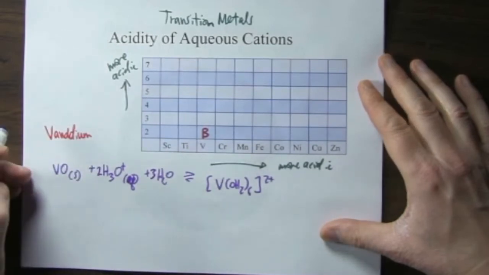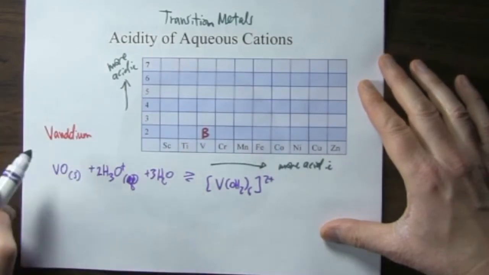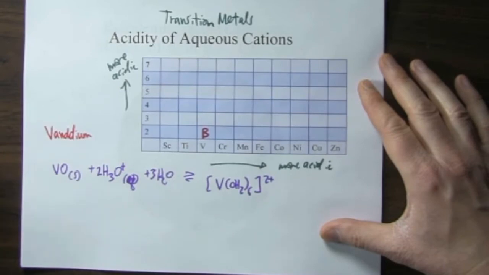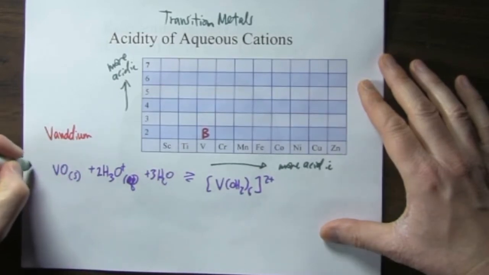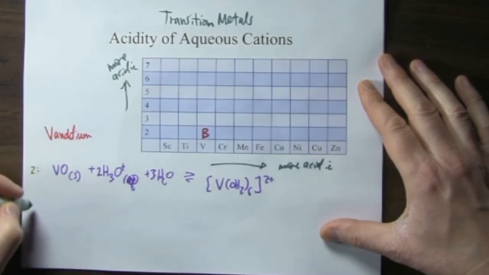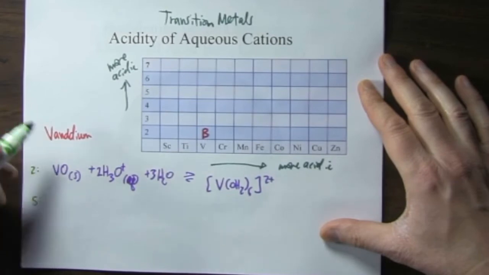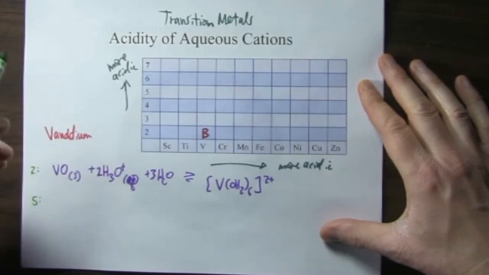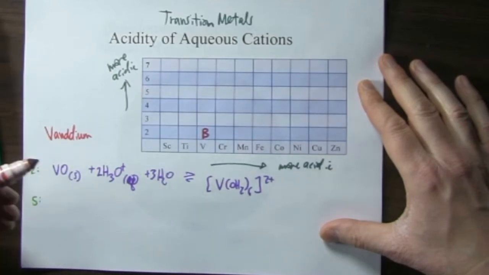Okay. So that's vanadium in the +2 oxidation state. What about in the 5 oxidation state? So we would say it should be more acidic. And actually, well, it's amphoteric.